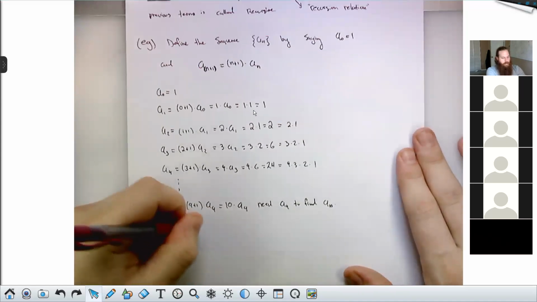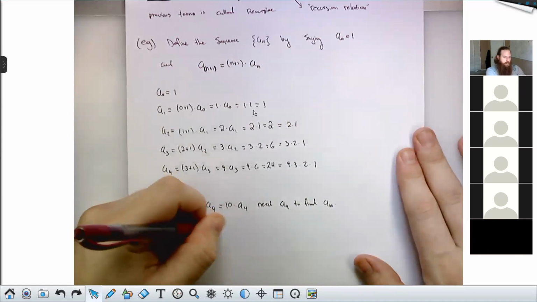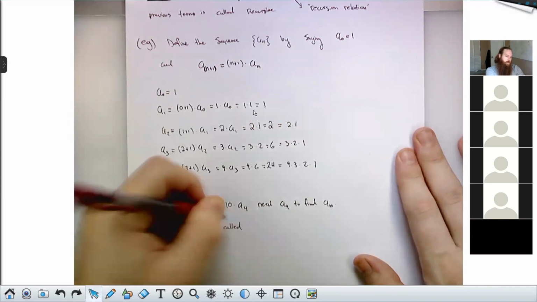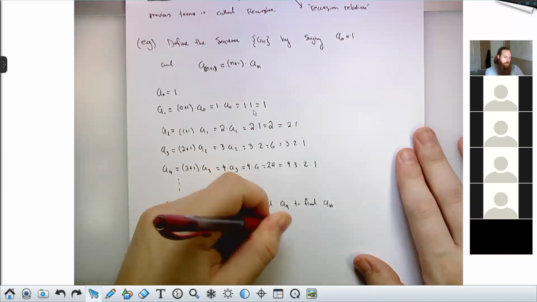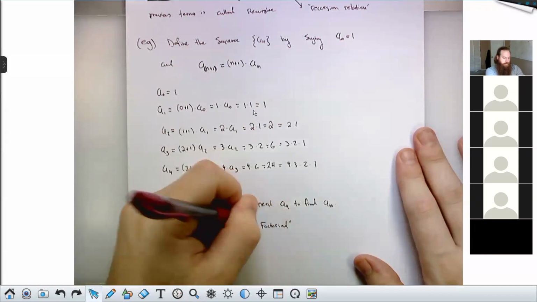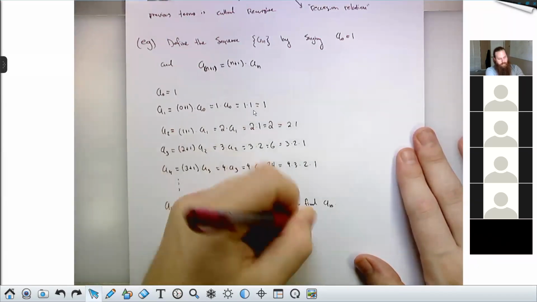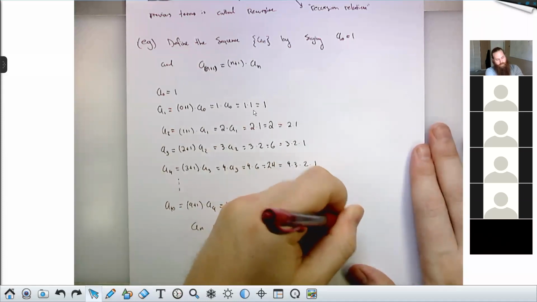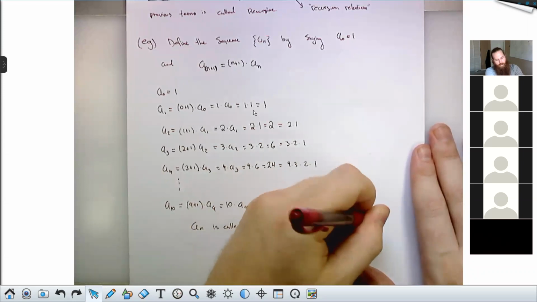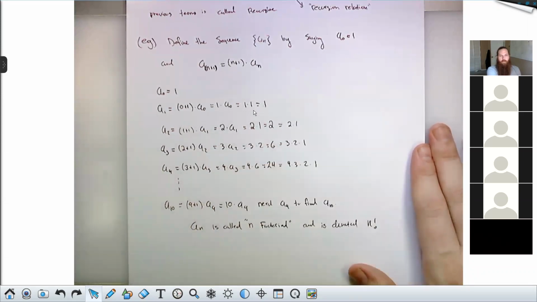So here an is called n factorial, and is usually denoted n with an exclamation mark after it.